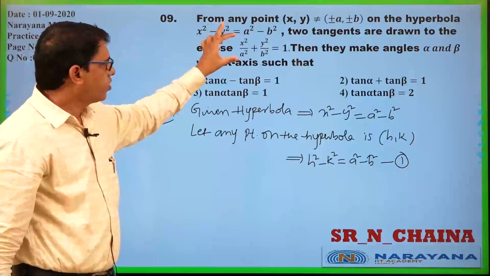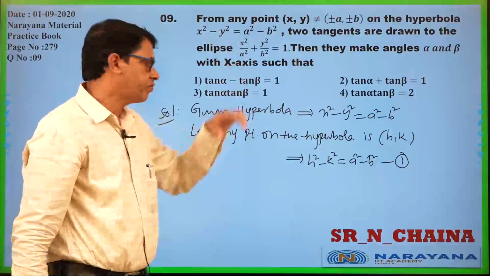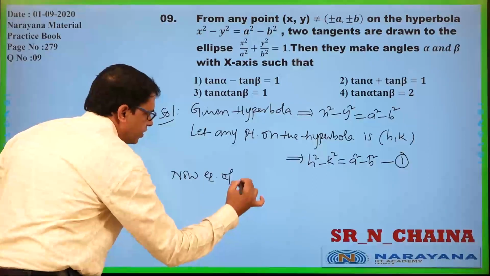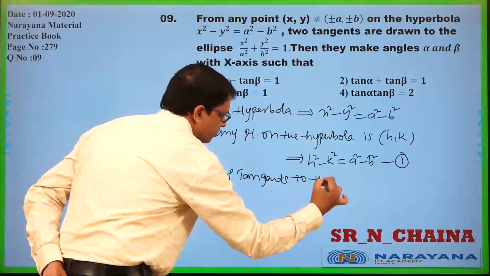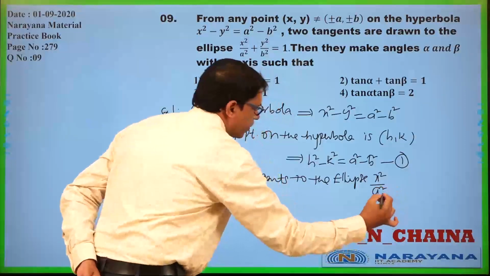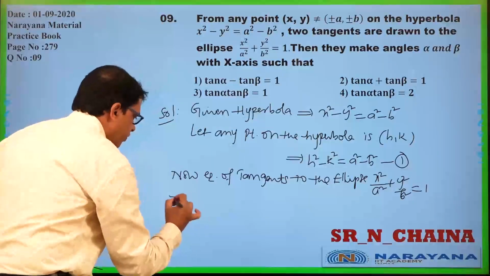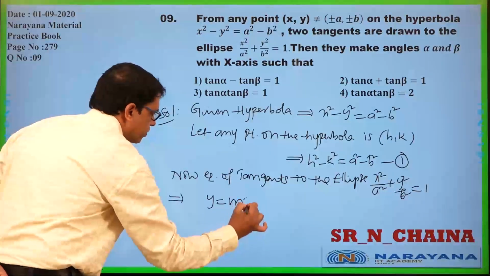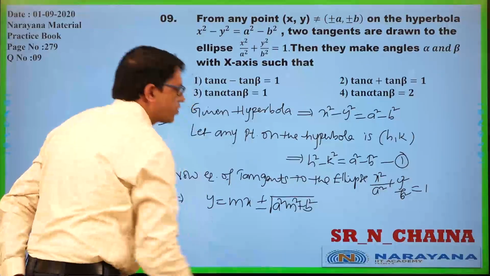So the equation of tangent to the ellipse x square upon a square plus y square upon b square is equal to 1, in the slope form, is y is equal to mx plus minus root under a square m square plus b square.